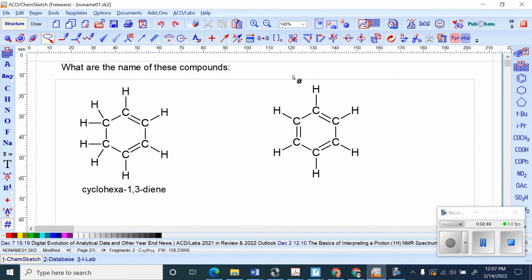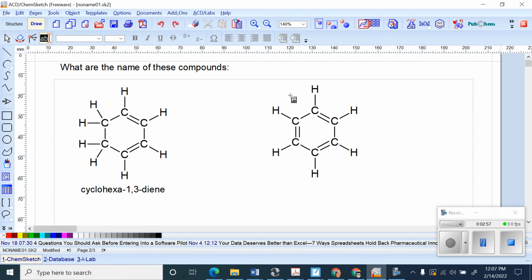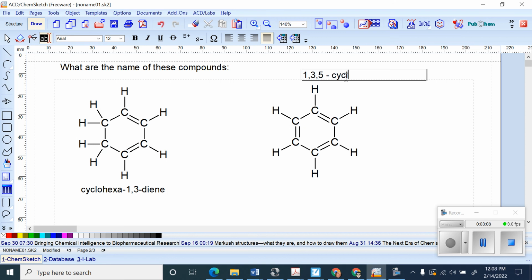With 3 double bonds, you would think this is called 1,3,5-cyclohexatriene.